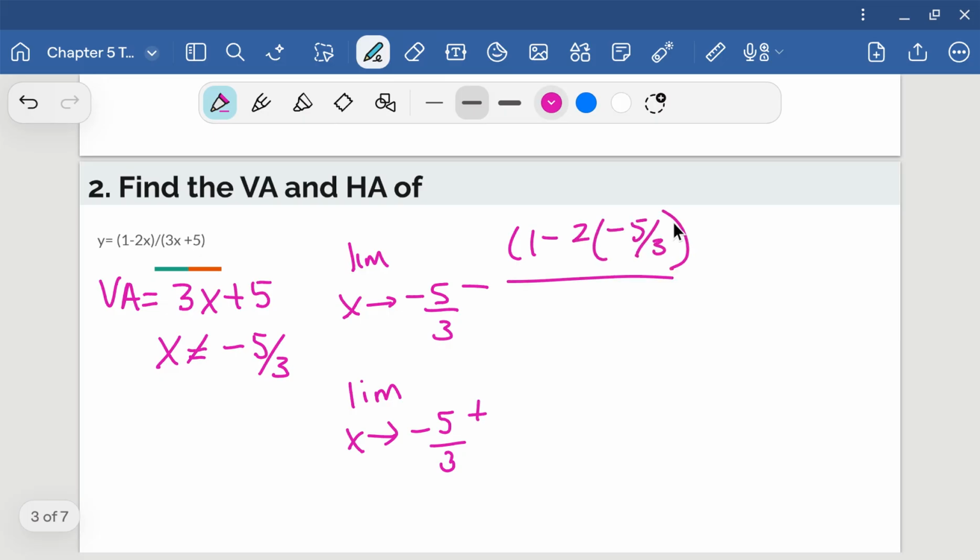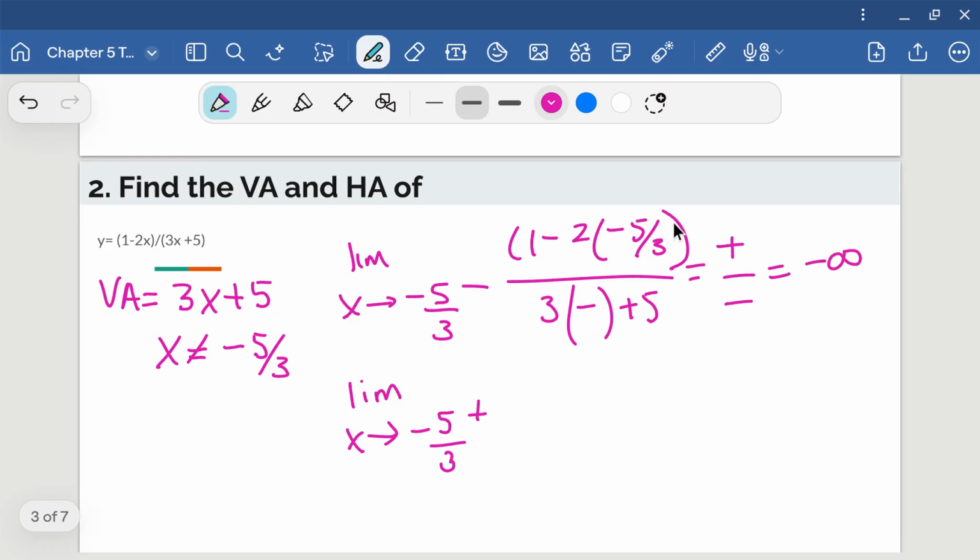And in the denominator, you have 3 times negative 5 over 3, but we're coming in from the left. So it would be a value a little bit more negative, and then you're adding 5. So a little bit more negative and add 5. So when we look at what's happening, we'll have a positive, if you simplify the numerator, divided by a negative. So we'd be tending towards negative infinity.